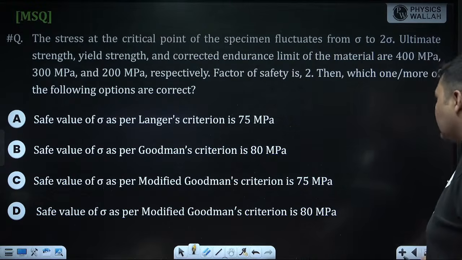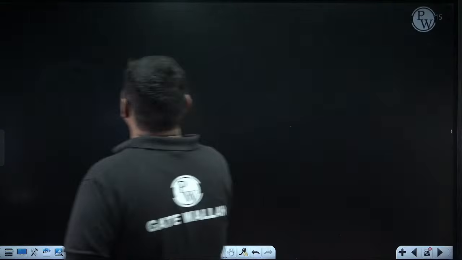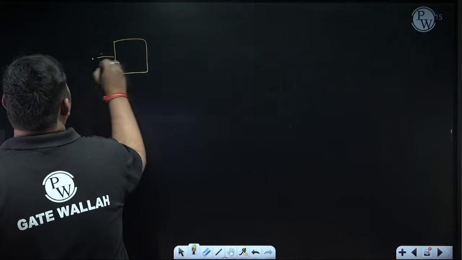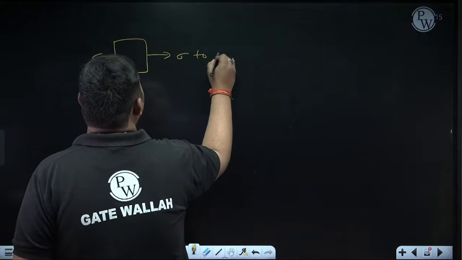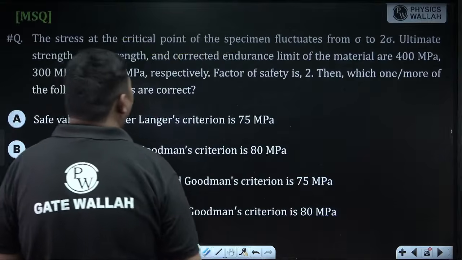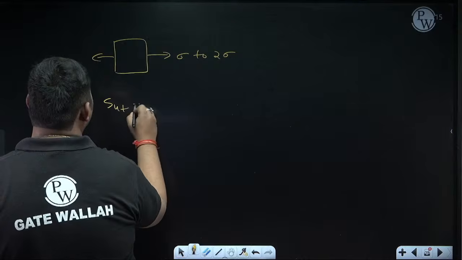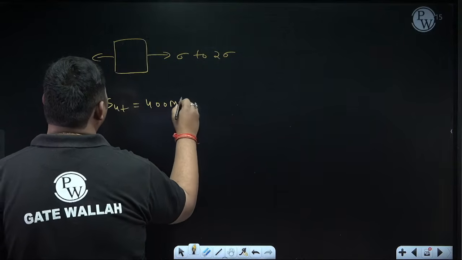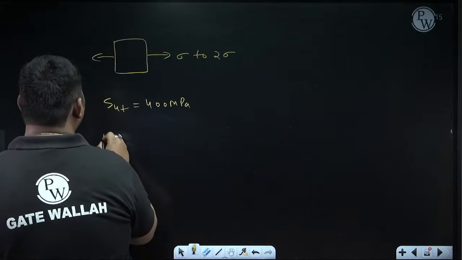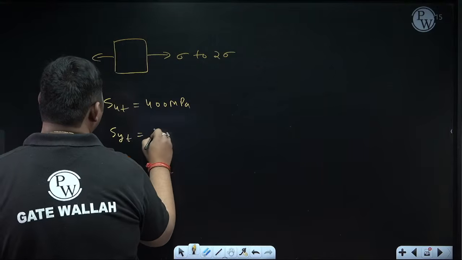How? I'm discussing. First of all, the question is saying the stress at critical point is fluctuating from sigma to 2 sigma. Now ultimate strength is 400 megapascal, means SUT is given. Yield strength, that is SYT, is 300 megapascal.